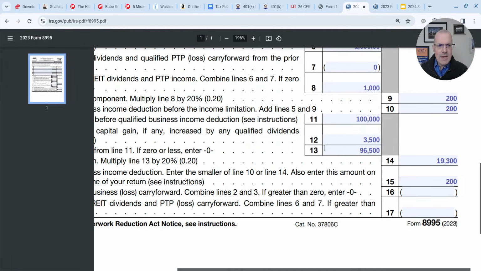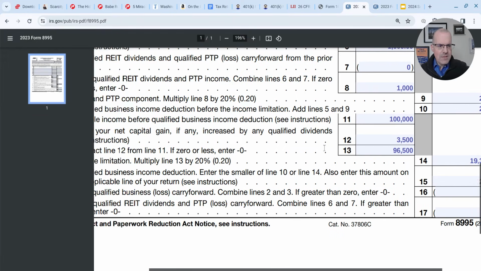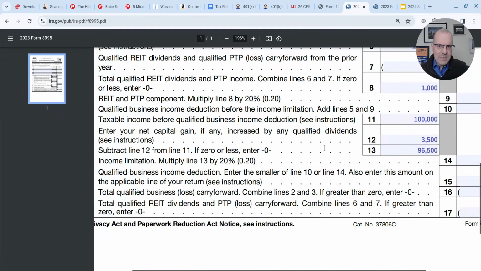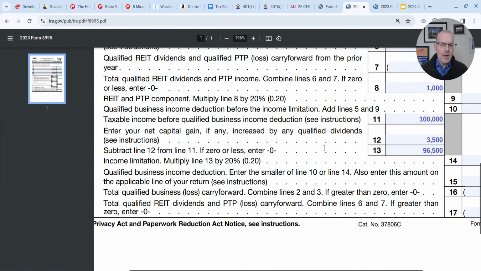What the 199A dividend does is it entitles you to a 20% deduction for that amount. So that's a good thing, and we want to make sure that's captured on the tax return. So line 15 shows you the qualified business income deduction. It's a fancy name, but know this, it's basically 20% of the 199A dividends. I'm assuming we have no special situations, no self-employment.